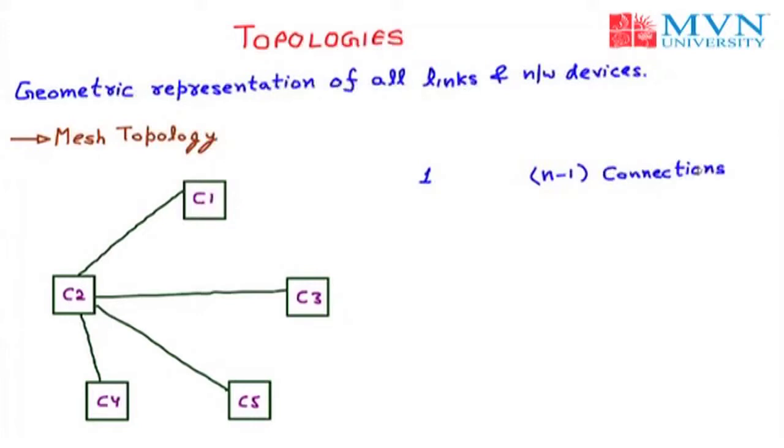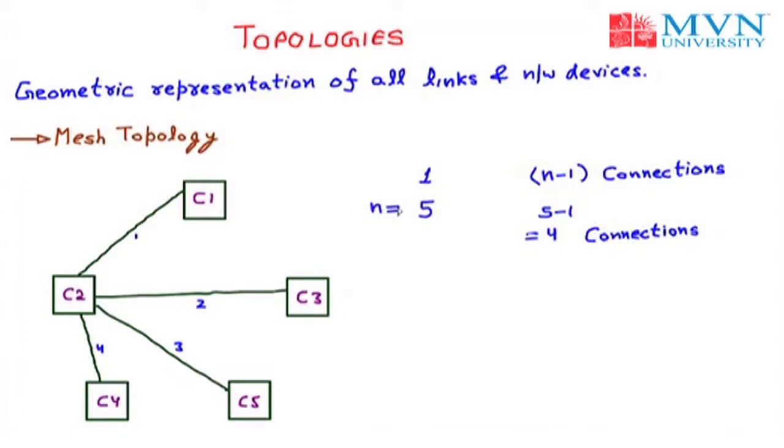Here we have 5 computers, so it is connected with n minus 1, that means 5 minus 1, which is equivalent to 4 connections. You can look at the 4 connections from C2 to C1, 1, from C2 to C3, 2, from C2 to C5, 3, and from C2 to C4, that is 4 connections. Here we have n nodes, n is equal to 5, and connections are 4.